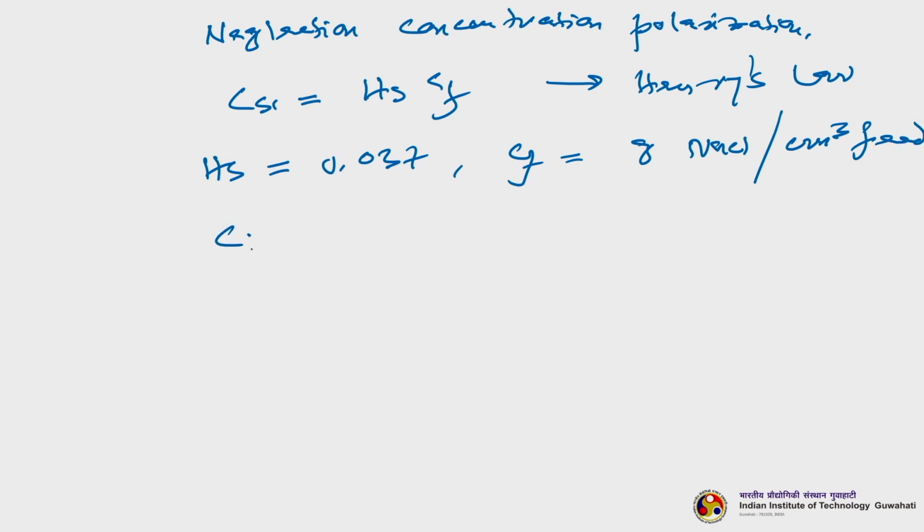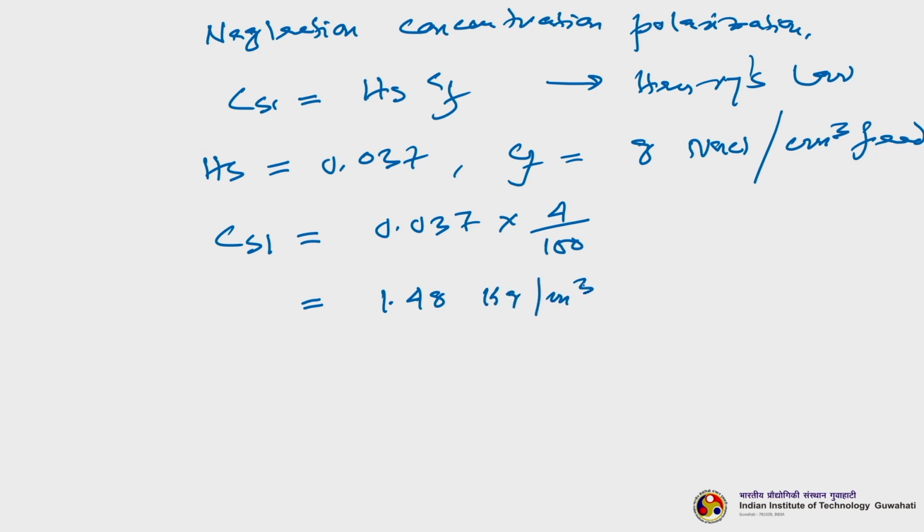So, here Cs1 equals 0.037, that is Hs, into 4 by 100. So, it is 1.48 kg per meter cube.